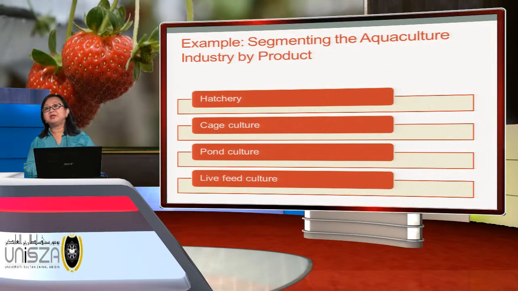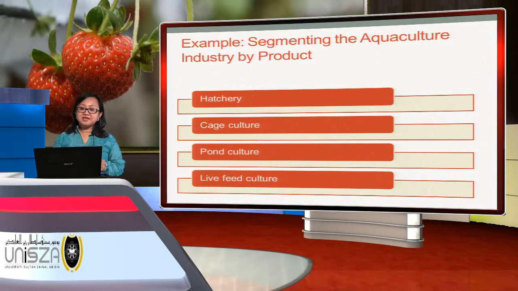In hatchery we produce fish fries, and the second segment that falls under aquaculture industry is the production of table-sized fish for us to consume. It can be produced under the cage or even pond culture.